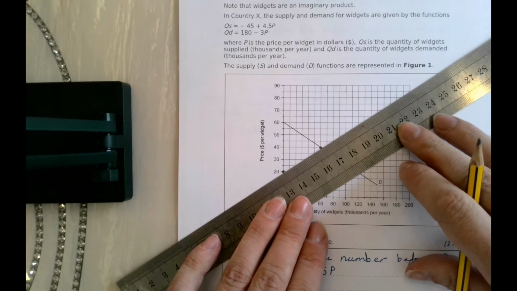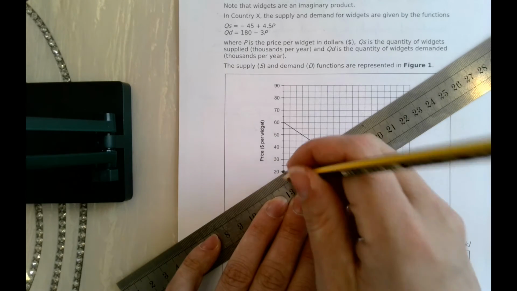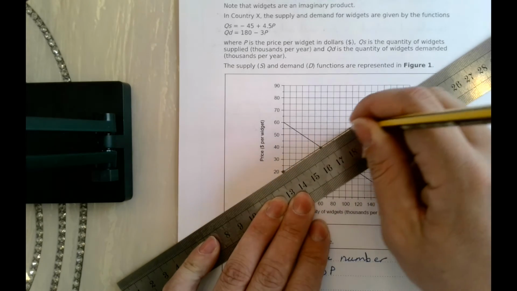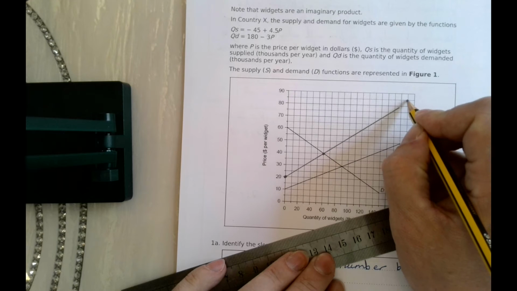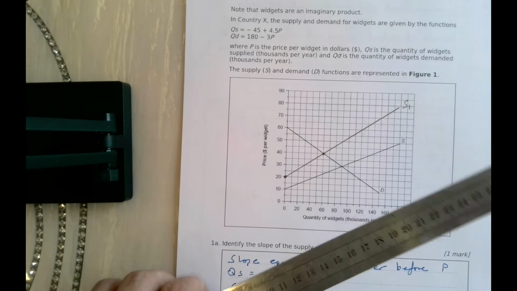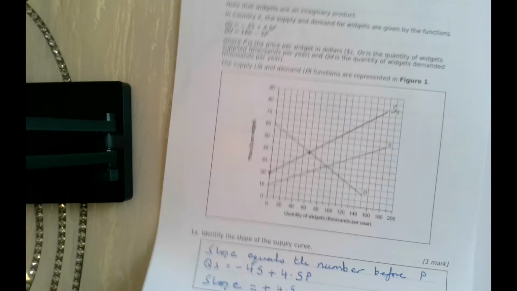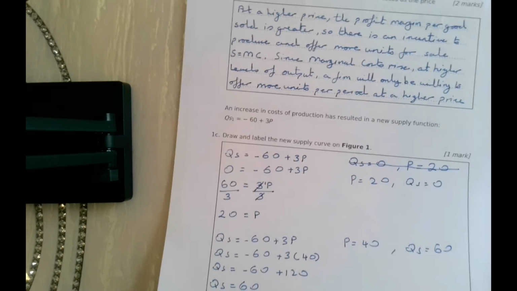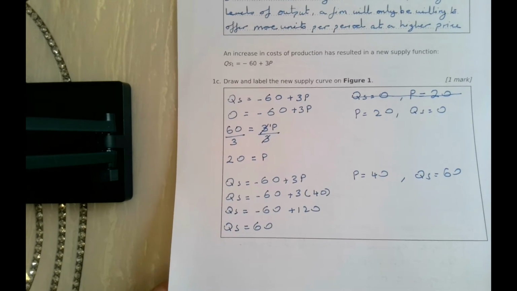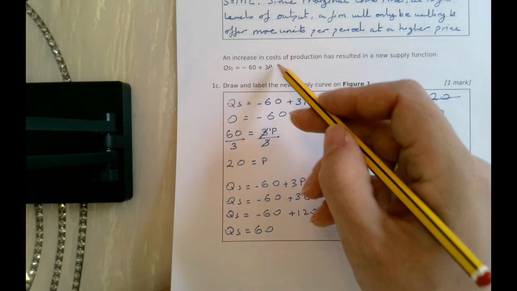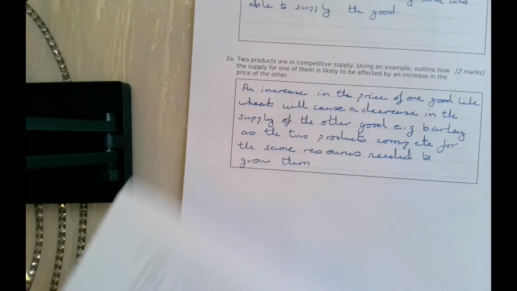What I do is line up these two dots with a pencil that is sharper than the one I have now, and I'd write this as S1, S2, S, whatever. That's not important, but that's how you would draw that supply curve, QS equals minus 60 plus 3P. So we get rid of that for the moment.